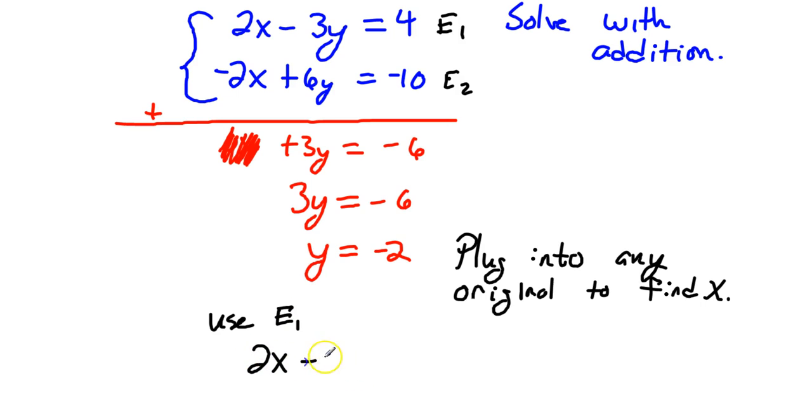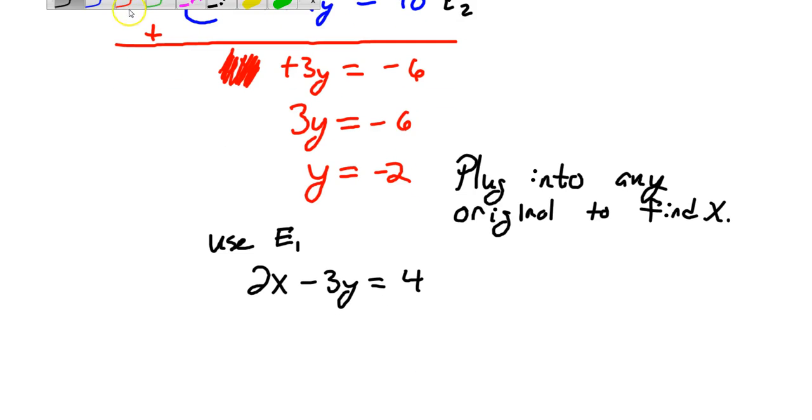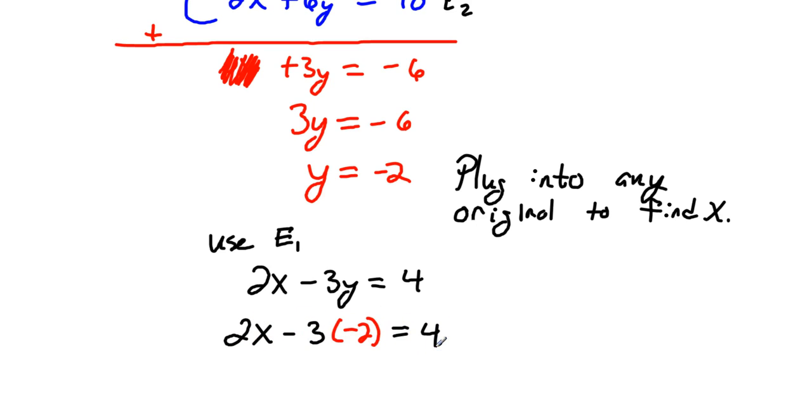So we've got 2x minus 3y equals 4. And for the y, we're going to use negative 2. The good thing about this one is you don't have to do distributive property.